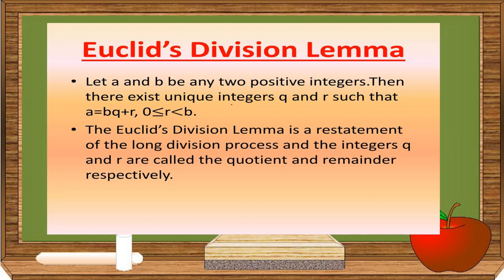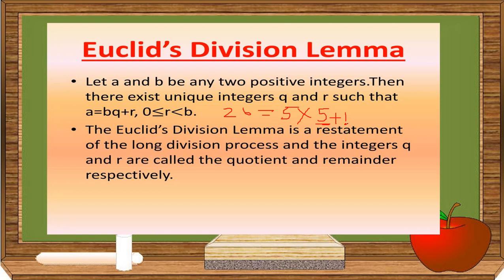In the case of 26, what we have written is equal to 5 into 5 plus 1. So these two unique integers q and r, q is the quotient and r is the remainder.